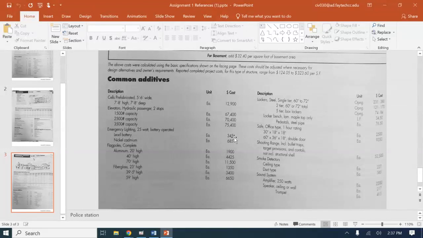10 emergency lighting, 25-watt battery operated LED battery emergency lighting right here, roughly $345 each, times 10 would be $3,450. And then the 40 smoke detectors, ceiling type. It's kind of hard to read, but that's going to be $227 per smoke detector.